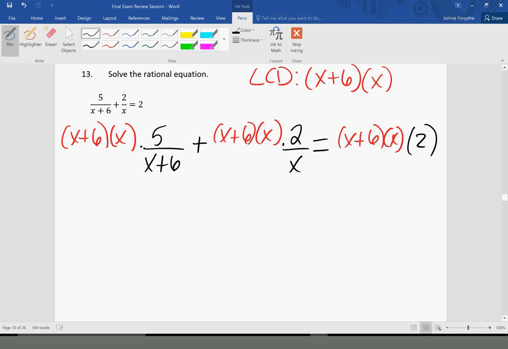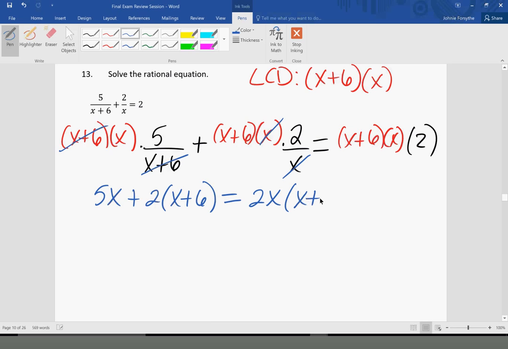Okay, so the first expression, x plus 6, those are going to cancel out. So we just have x times 5, which is 5x, plus, here the x's cancel out, and I have positive 2 times x plus 6 equals, and on the right I've got, let's go ahead and say 2x times x plus 6. So let's do some multiplication.